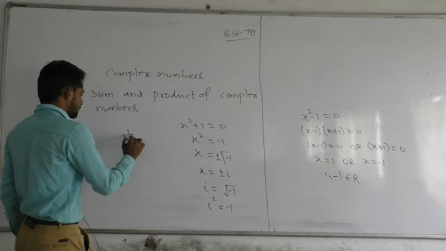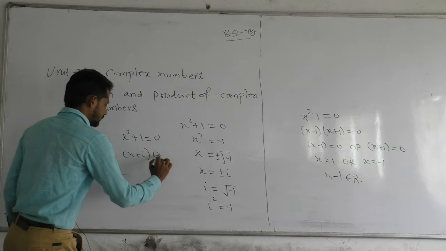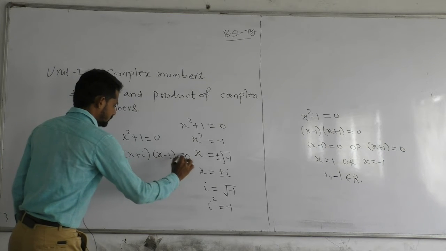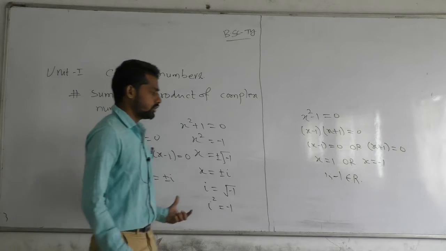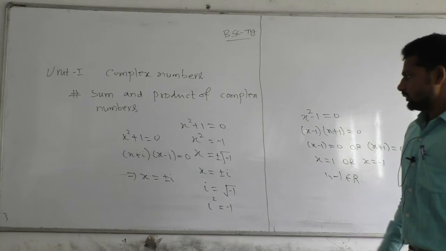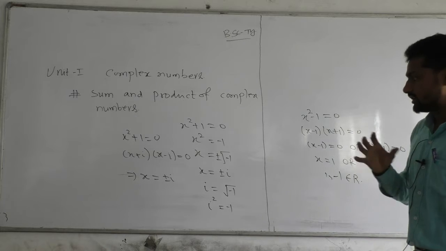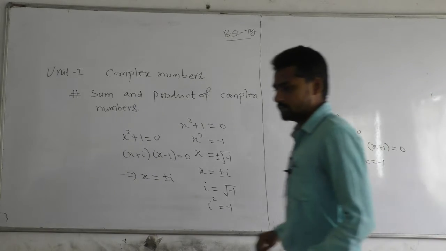So polynomial x square plus 1 can be written as x plus i into x minus i is equal to 0. This implies that x is equal to plus minus i is the solution of this polynomial. And we need the complex number system, that is complex field, to factor this polynomial linearly.